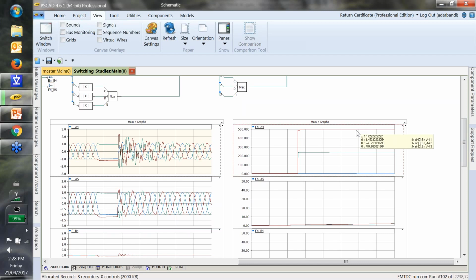One way to see if this energy exceeds the capability of the surge arrester is to calculate the kilojoule per kilovolt of energy and compare with the data sheet. For example, in this case, the surge arrester MCOV is 360 kV and the energy is 490.